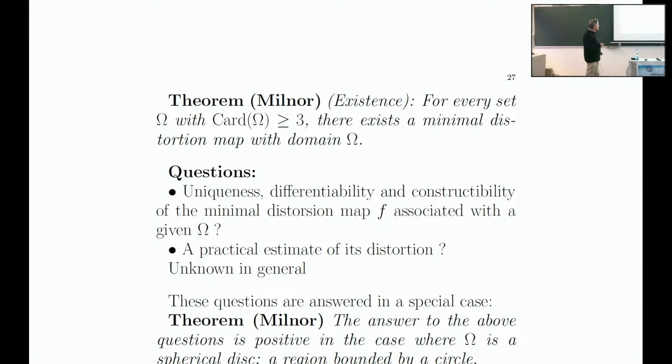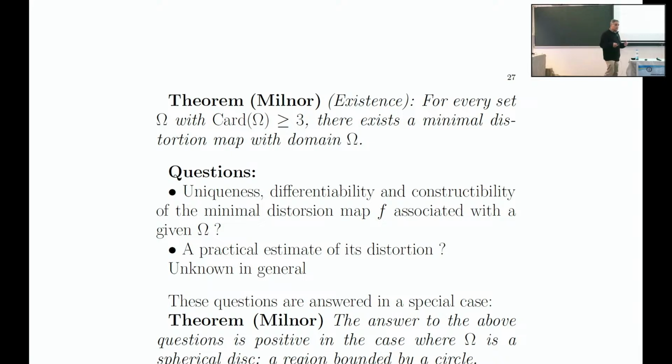So this is existence. And then he asks the question: so there exists a geographical map which is minimal distortion in the sense I explained. Now, the question is about uniqueness. Is this map unique or not? The differentiability: is this map differentiable or not? The constructibility: is there a way of constructing this map?